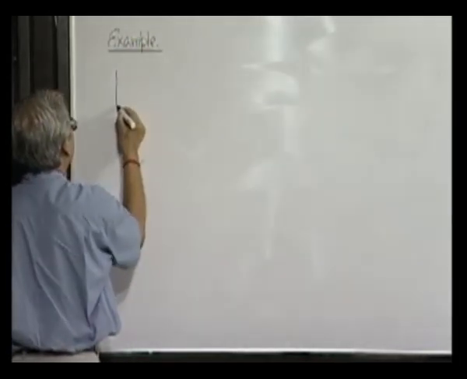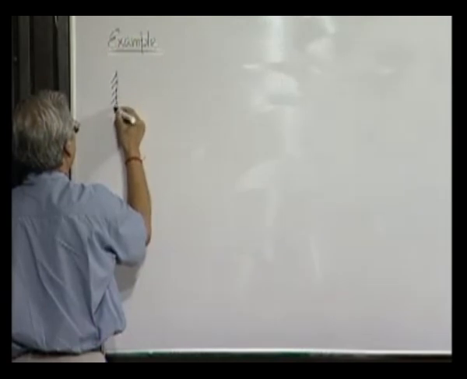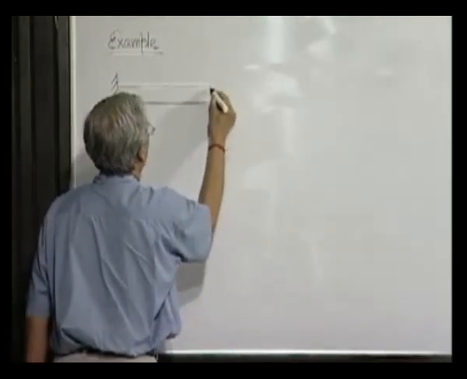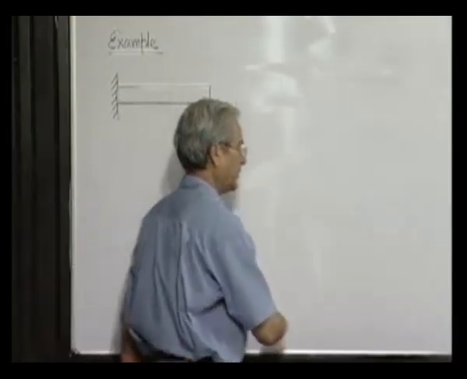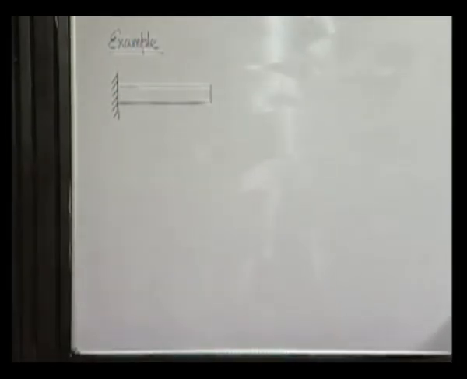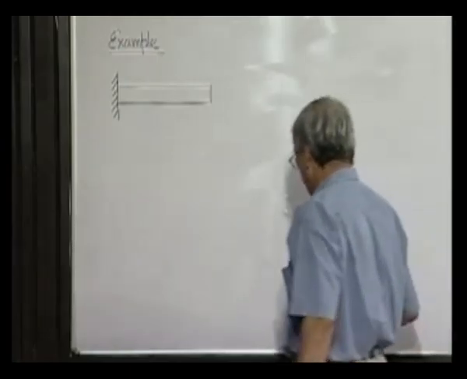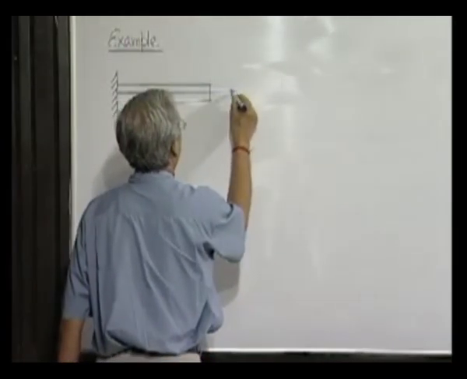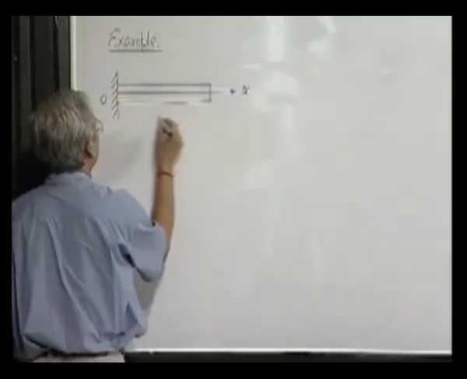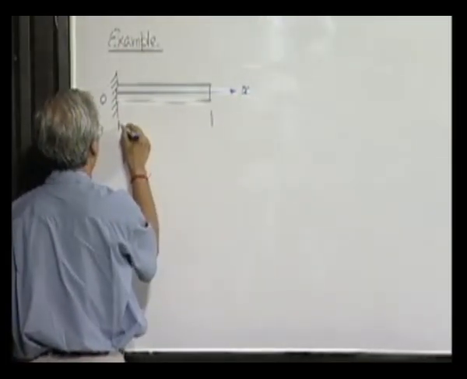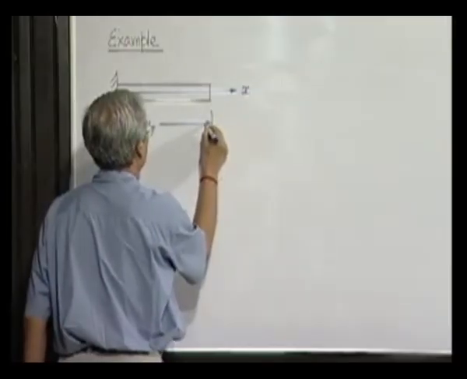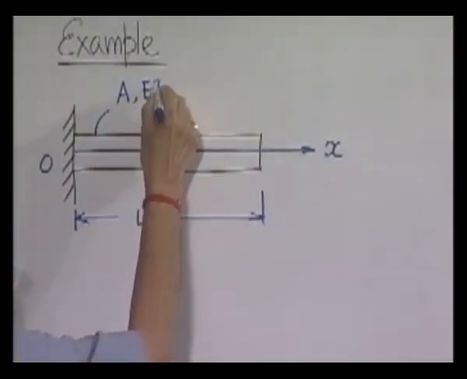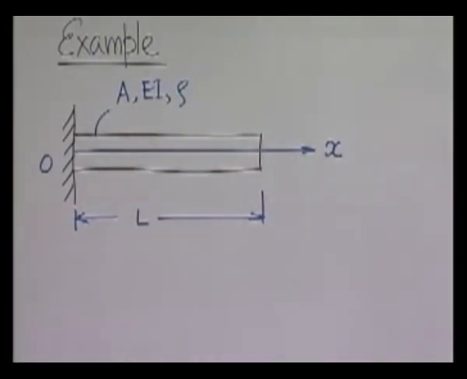Let us take a cantilever beam of uniform cross section and of length L. They are all uniform.